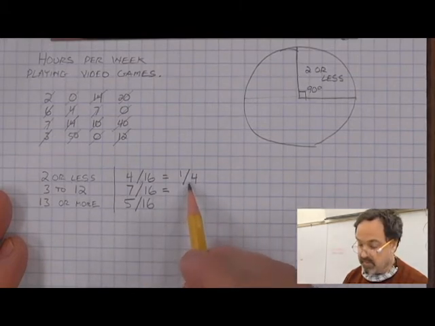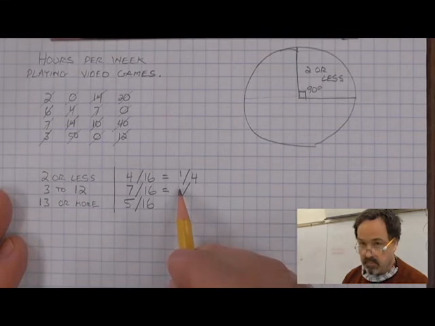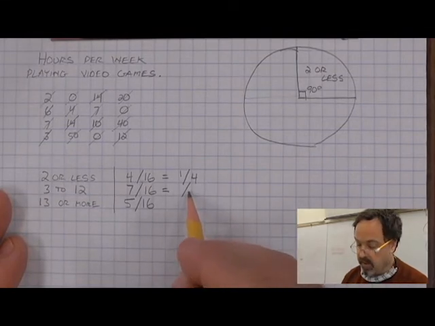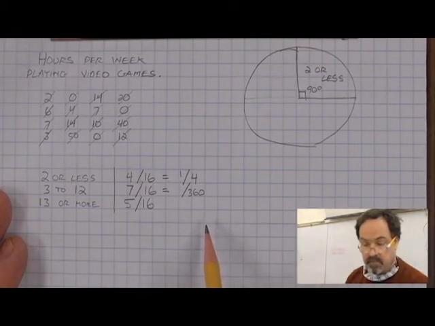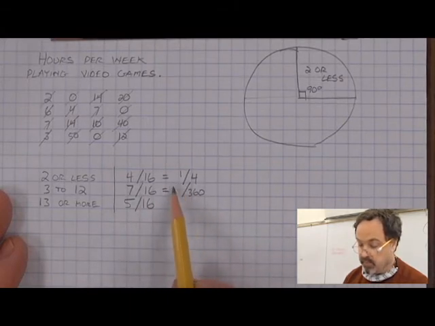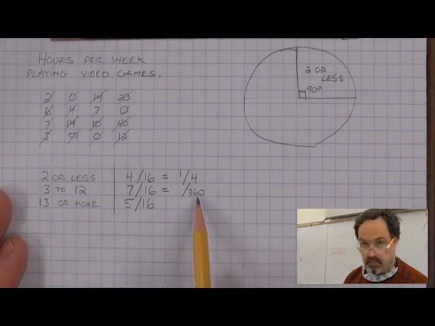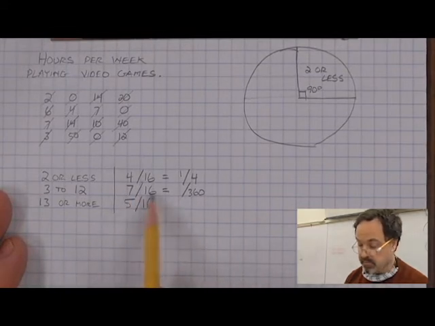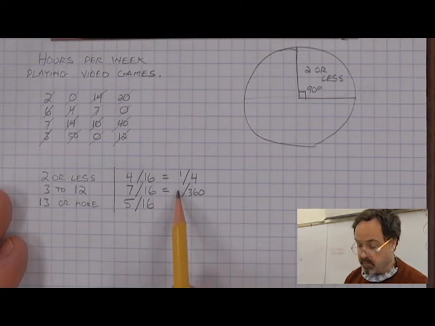To do that, it's like thinking of the fraction, the number of degrees that we have yet to calculate, out of a full circle of 360. I need to know the equivalent fraction, 7/16, is equal to some number of degrees out of the full circle. This is a proportion, so we're going to do a side problem to solve for the unknown amount of degrees.